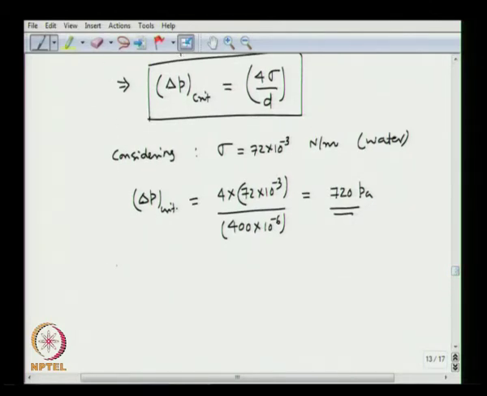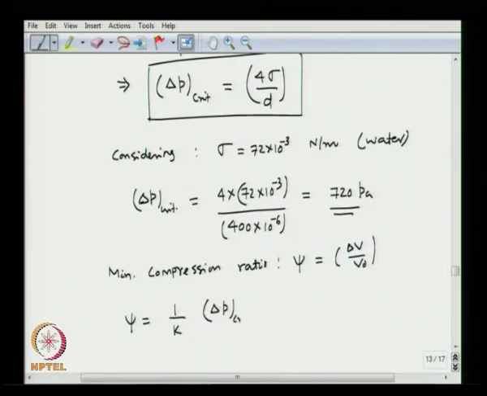So, we can find the minimum compression ratio, psi, which is nothing but delta V over V 0. We have an expression for psi for liquid, which we have seen in the previous lecture. That is 1 over k into delta P critical divided by P 0.